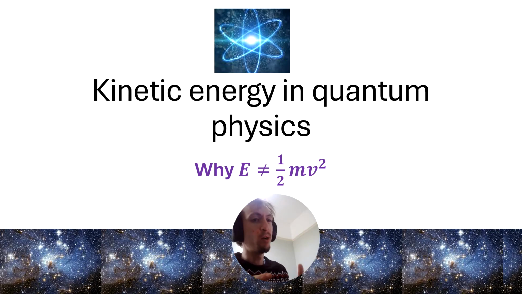So in this video we're going to be looking at the kinetic energy of quantum particles, and it's particularly interesting to do this because in classical physics, if something has zero velocity, it has zero kinetic energy. That's given by the classical equation often written in the form E equals a half mv squared, where if v is zero, E has to also be zero.